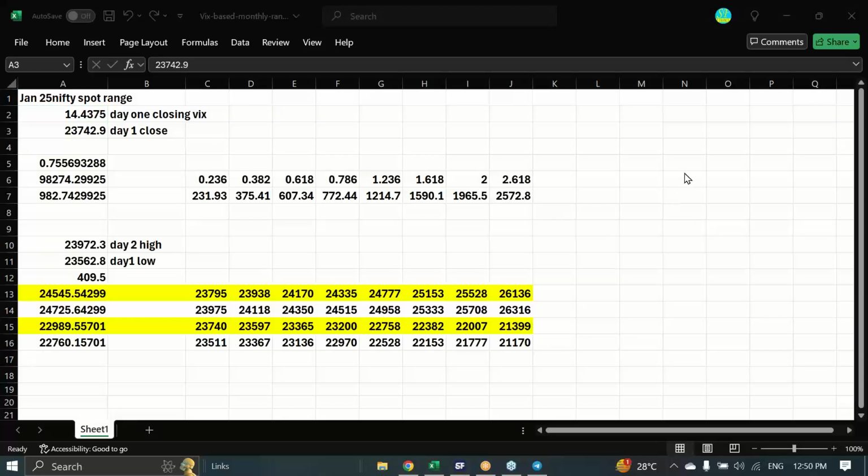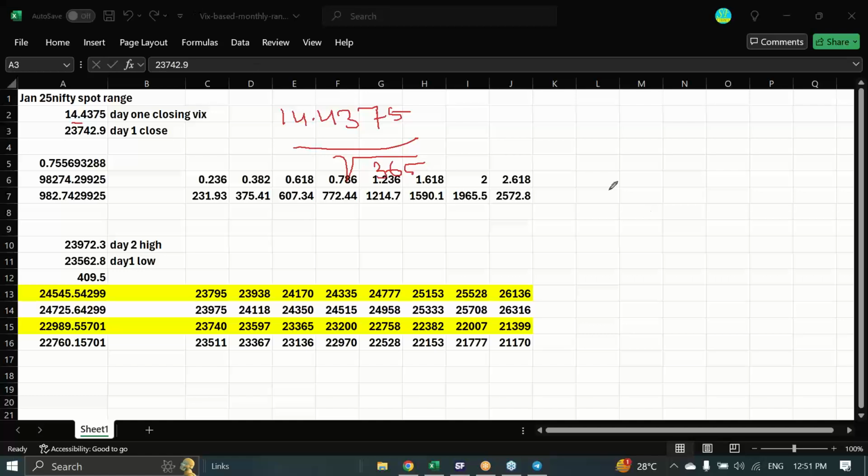This VIX is yearly volatility in percentage terms. So first we have to convert it into the daily VIX. For that, I'll take 14.4375 and divide it by the square root of 365. By this process the conversion happens from yearly to daily.